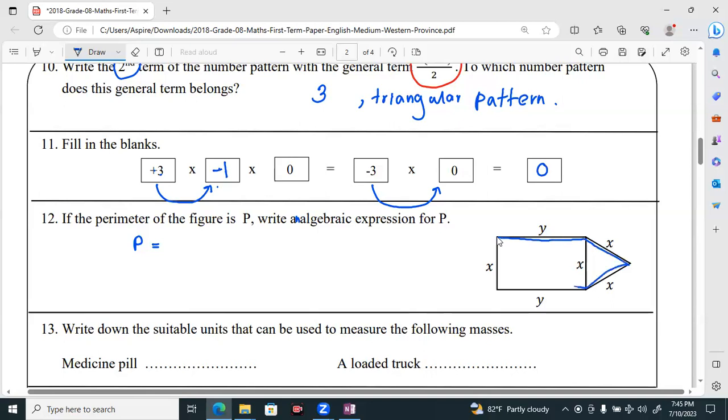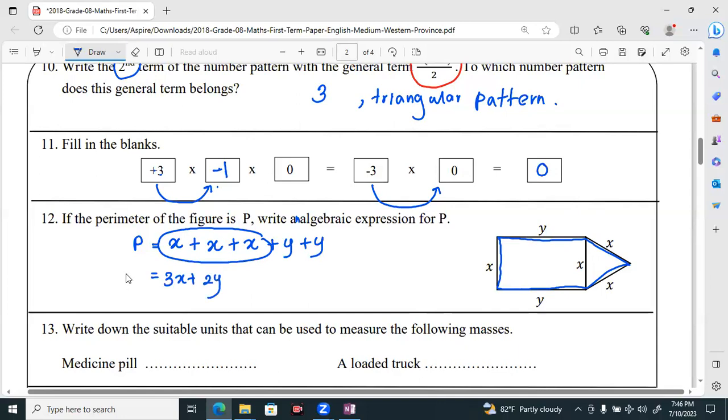To find the perimeter, you have to add the English simple letters which are on these sides only. Then x, add x, add x, add y, add y. Then here 3x, add 2y.